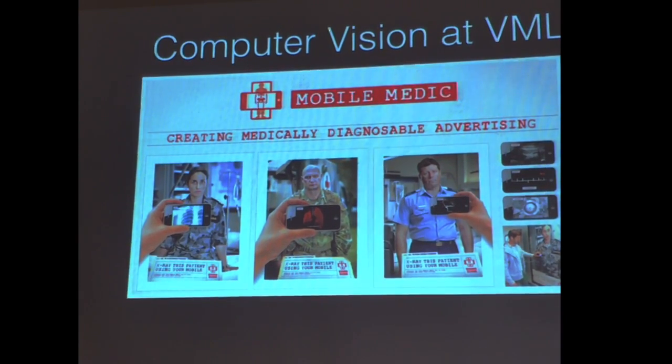And so you'd hold it up, as you can see, and you'd see an x-ray, and as you move the camera, the x-ray would move up and down, so it's almost like you were x-raying the person. What augmented reality does is it takes computer vision and it will actually lock the position of the image.